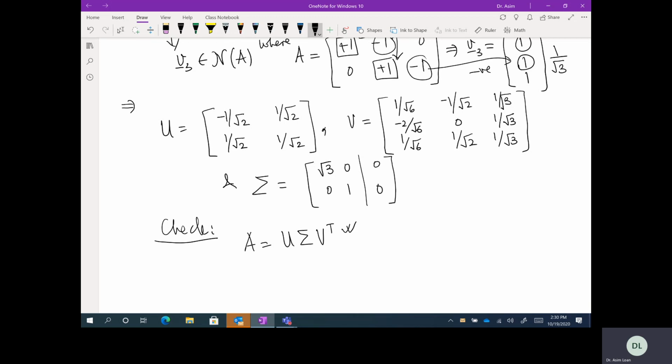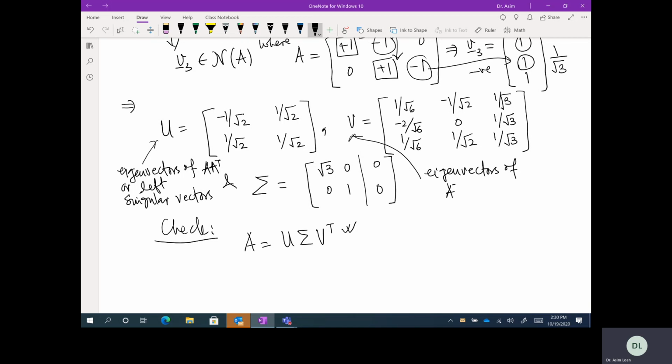So these are eigenvectors of A A transpose, or left singular vectors since they are on the left, and these are eigenvectors of A transpose A, or right singular vectors, because they are on the right.